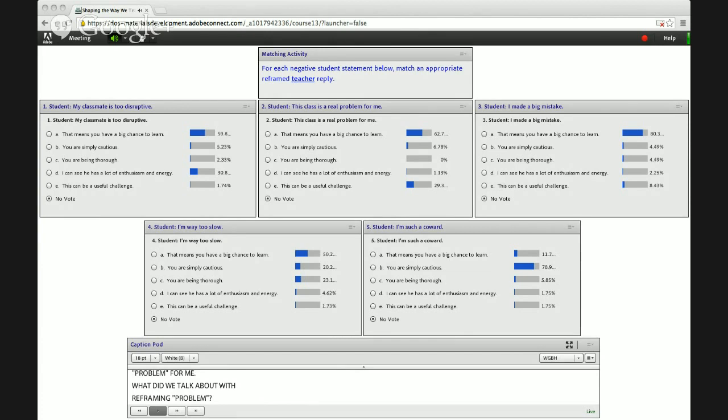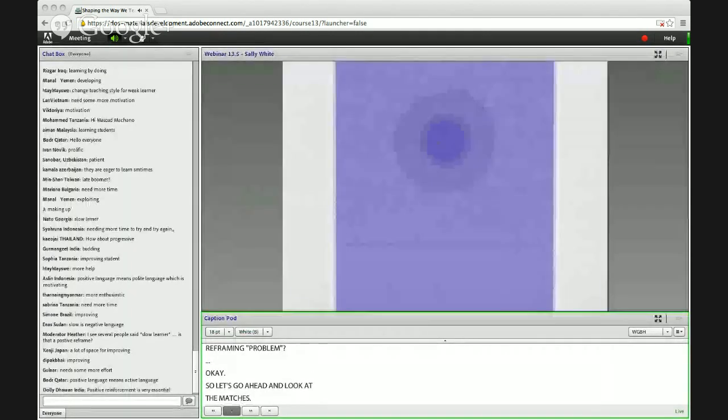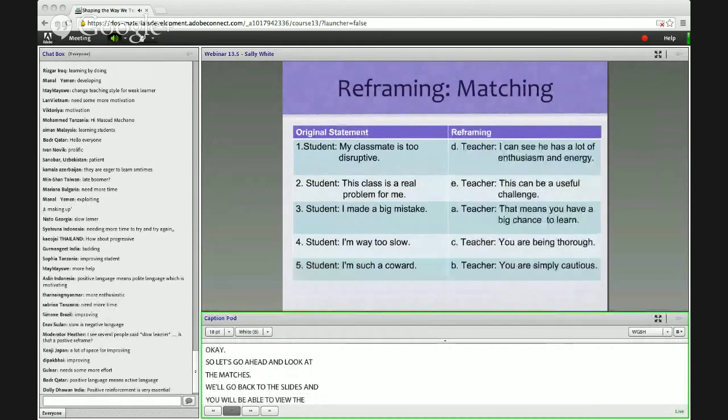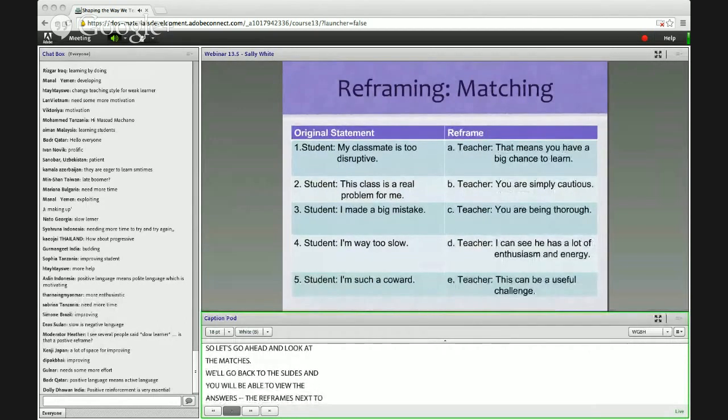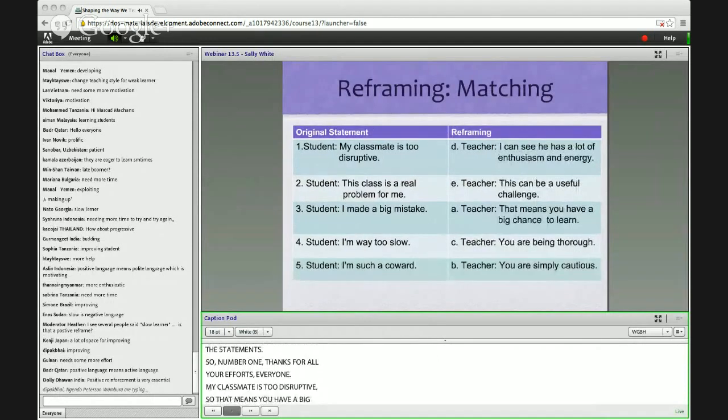Okay, so let's go ahead and look at the matches. We'll go back to the slides, and you'll be able to view the answers, the reframes next to the statements. So number 1, thanks for all your efforts, everyone. My classmate is too disruptive, so that means you have a big chance to learn. Oh my. I'm on the wrong slide.